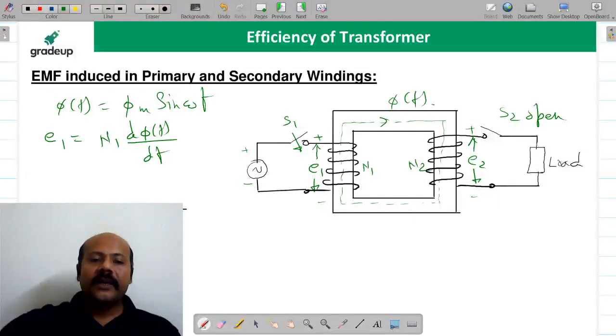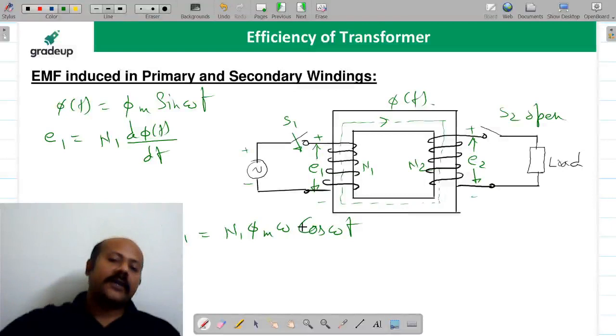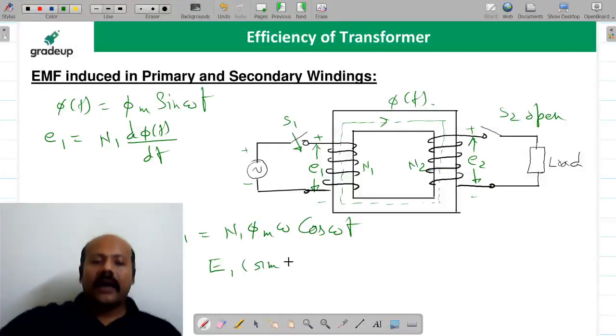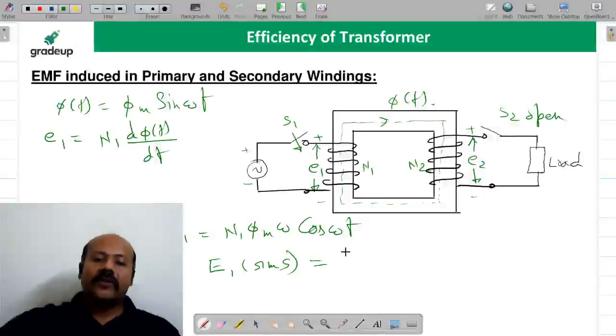If you differentiate it, then you will get the equation E1 as N1 phi m omega cos omega t. Omega we have taken outside because of the differentiation. If I ask you E1 as the RMS value of the EMF induced in the primary winding, then it is going to be how much? If this is the maximum peak value, N1 phi m omega, divided by root 2.